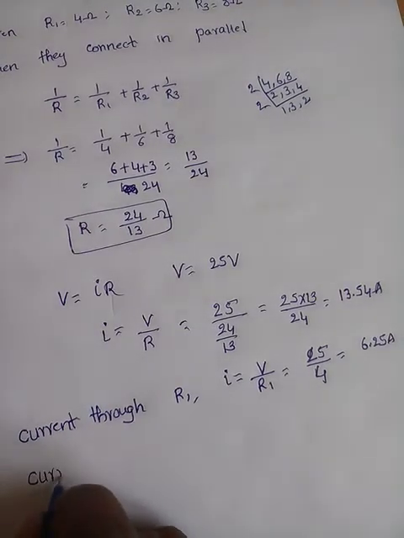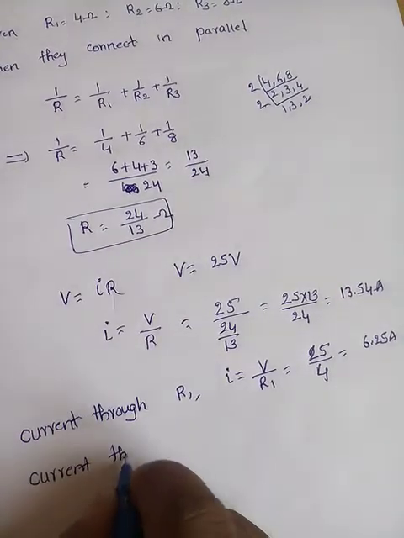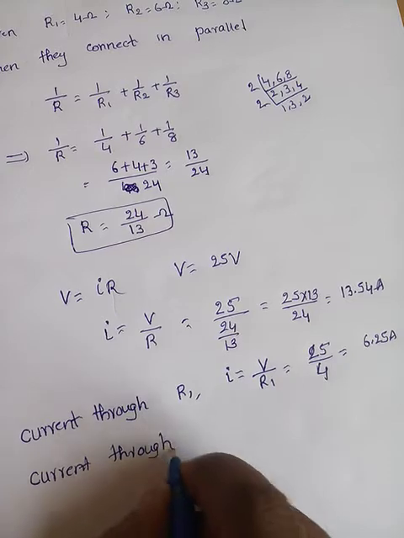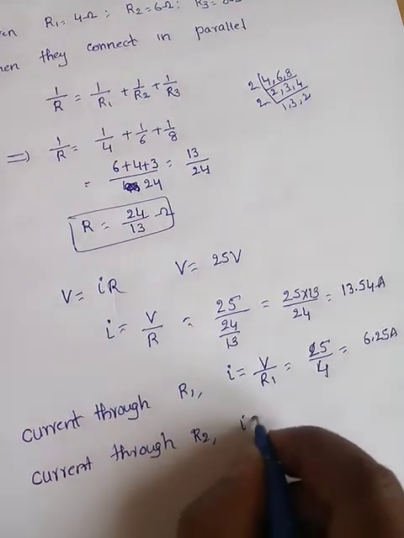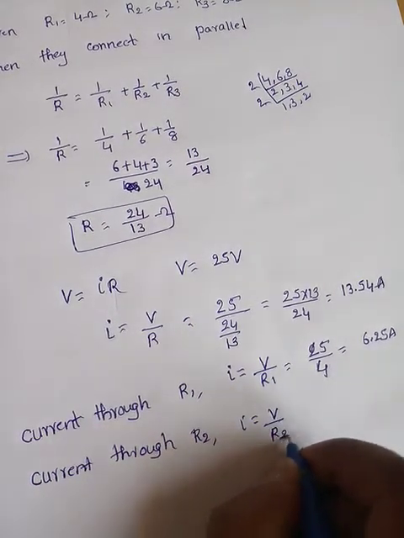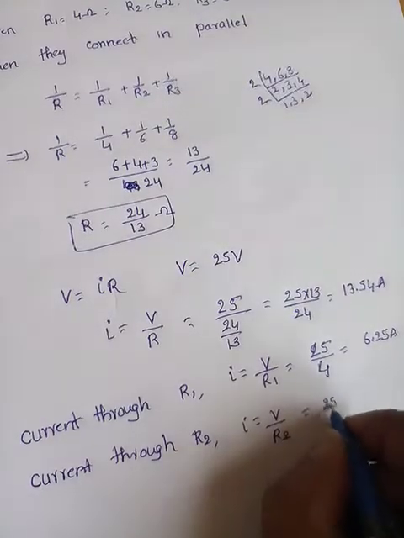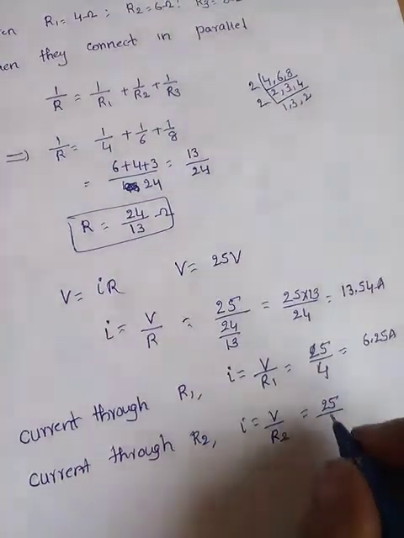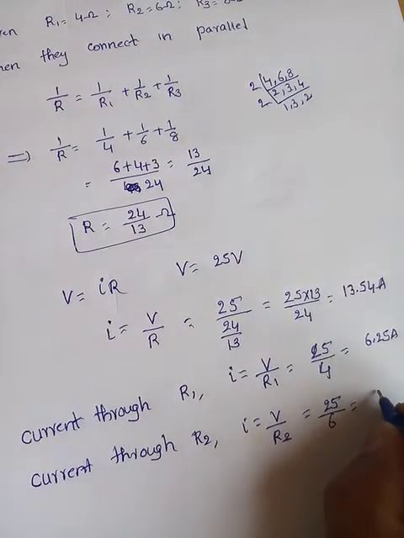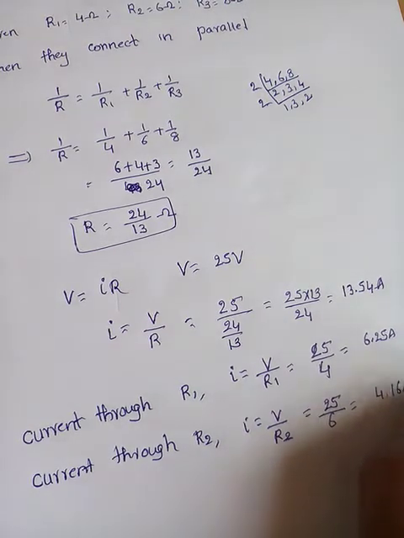Similarly, current through R2: I equals V by R2. V is the same, that is 25, and R2 is 6. So you get 4.16 amperes.